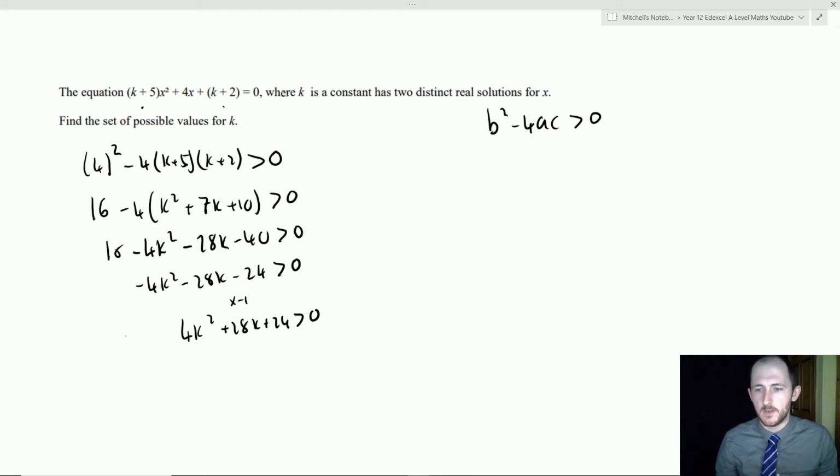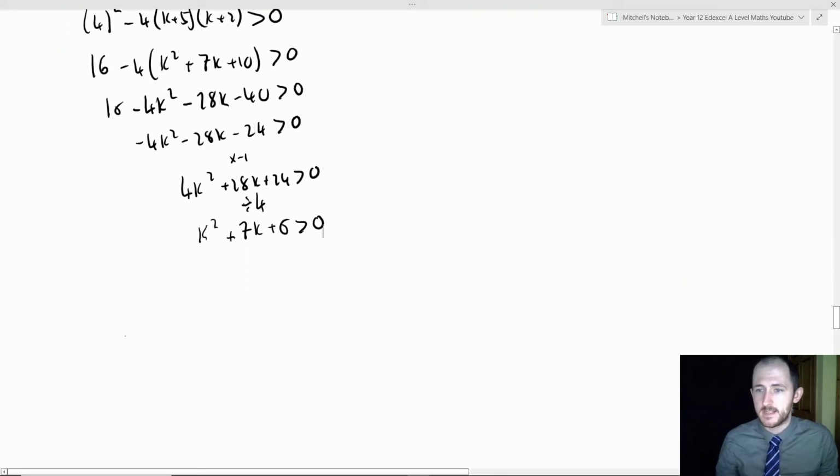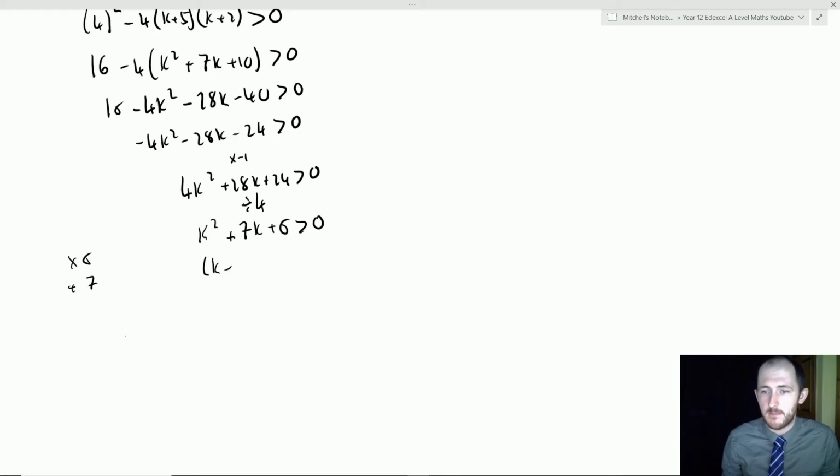Next, I notice I can cancel this down by dividing everything by 4. k squared, 28 divided by 4 is 7, 24 divided by 4 is 6. Now I can factorize this. Two numbers that times to 6 and add to 7 are 6 and 1. So k plus 6, k plus 1 is greater than 0.